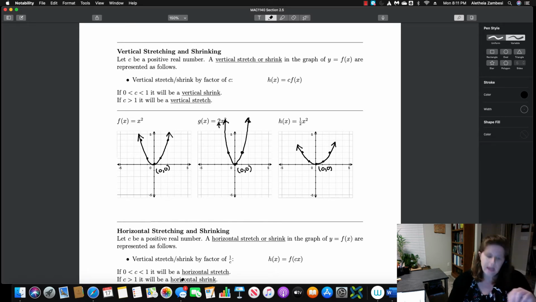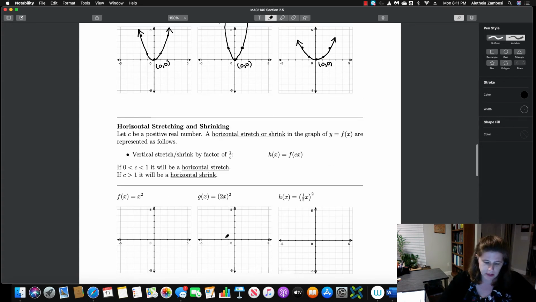Now when I stretch or shrink horizontally, that's when the number is inside the grouping symbol with the x. The rules are still the same. If your number is bigger than 1, you're still stretching. And if your number is between 0 and 1, you're still shrinking it down. But it's more emphasized if it's in with the grouping symbol.